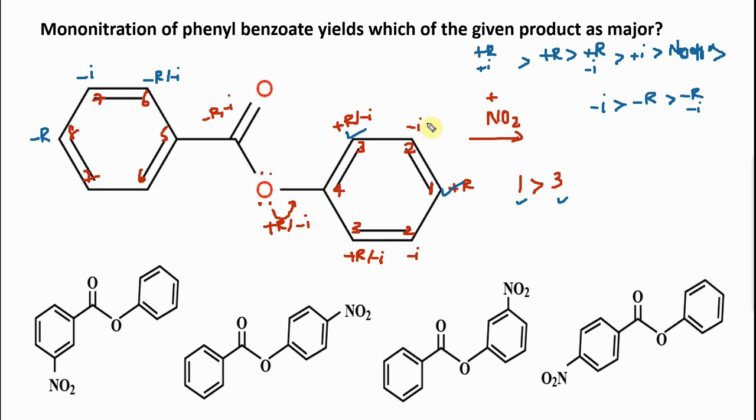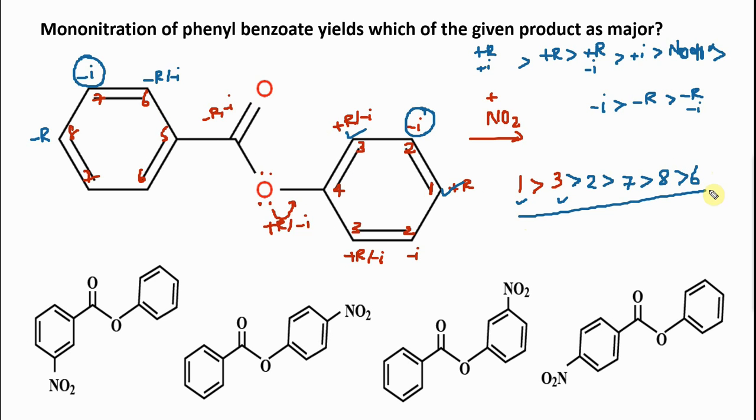Next, minus I. I have minus I here and here. Which is a strong minus I group? The C double bond is stronger, so this will be very strong, with fewer electrons. Here it is weak minus I. So 2 greater than 7. Minus I, then minus R, 8. Minus R, then minus R minus.